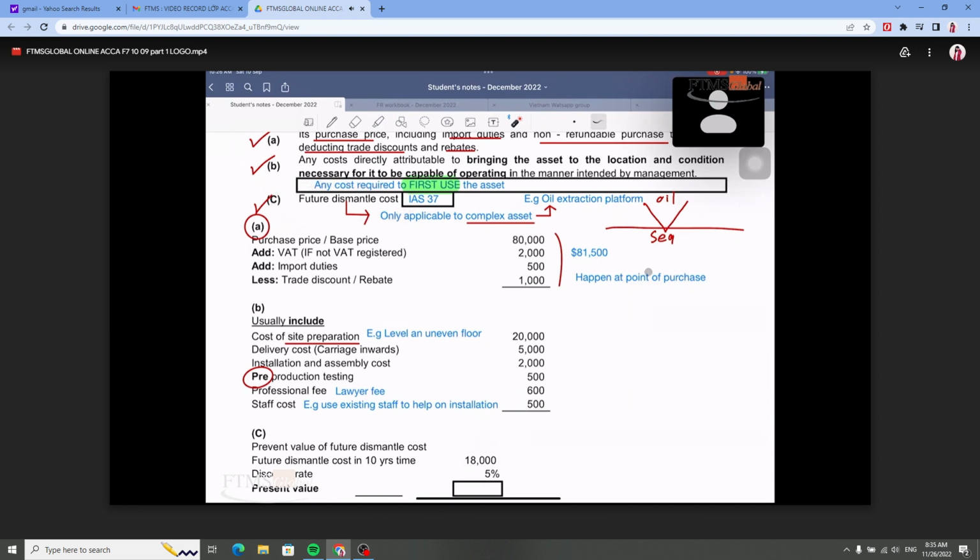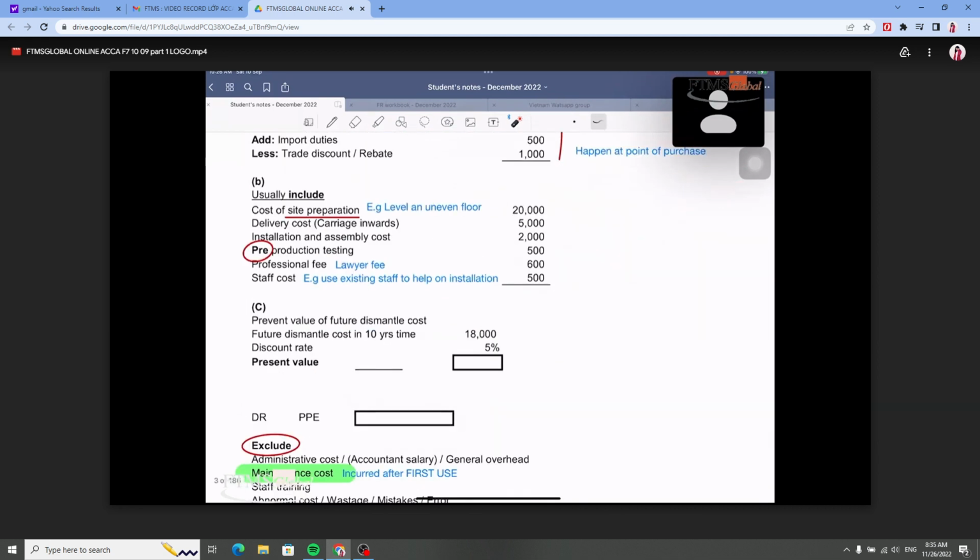Understand? Then next thing is, everybody knows $1 today is not the same as $1 in 10 years' time. So therefore, we need to do something called discount to present value. Nothing special. If I tell you the future dismantle cost is 18,000, discount rate is 5%, so if I want to discount to present value, I will simply use 18,000 divided by 1.05 to the power of 10.